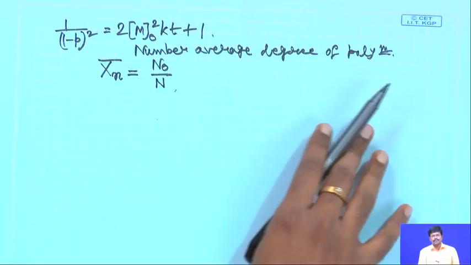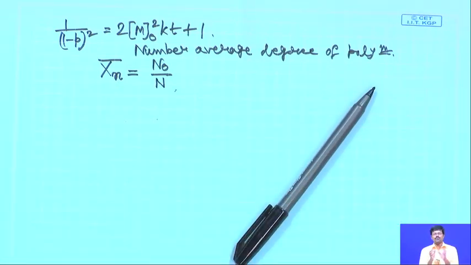So, if you are doing a step polymerization reaction, initially you have monomers. When you are doing the reaction for a time t, you may have some monomer, some dimer, some trimer, whatever. Everything is being considered within this degree of polymerization, and with respect to that you will divide. So, N0 is the initial total number of molecules, actually the monomers, and N is the total number of all the molecules present after time t.